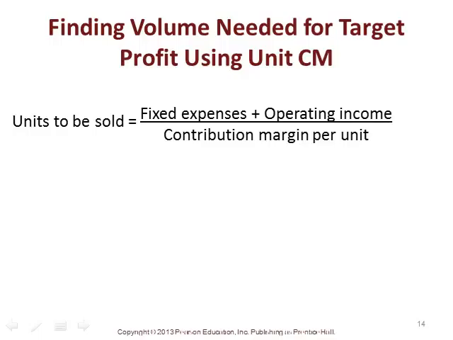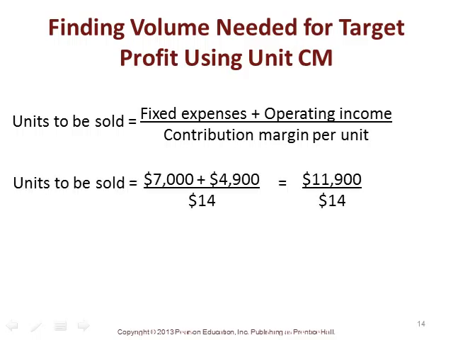And let's assume that we want to recognize $4,900 in operating income. So our formula would be the same as it was before. It's just where we had 0 before as operating income, now we have $4,900, which gives us total fixed expenses plus operating income of $11,900 divided by the $14 contribution margin per unit to get us to 850 posters.